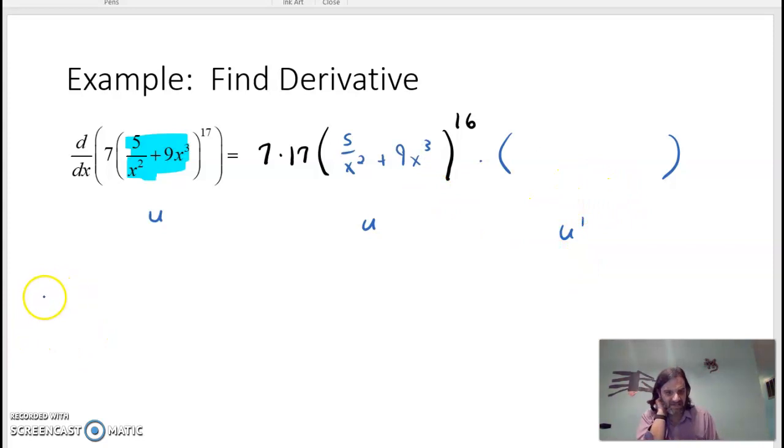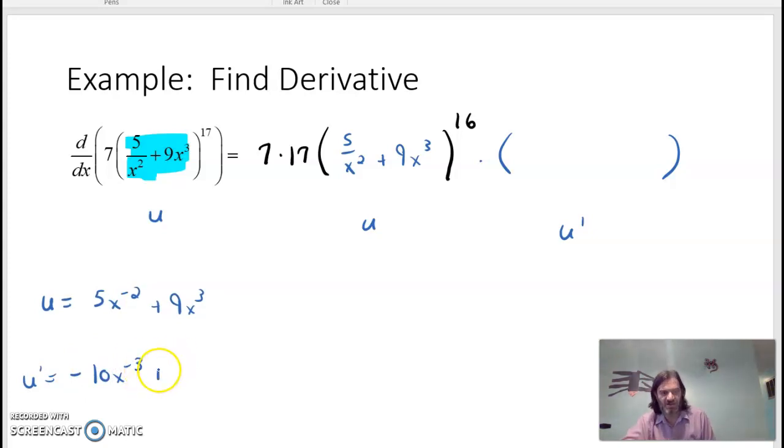I'm going to rewrite it because I don't like the denominator there. So I can rewrite 5 over x squared as 5x to the negative 2, plus 9x cubed. So the derivative of that would be negative 10x to the negative 3, since negative 2 minus 1 is negative 3, plus 27x squared.